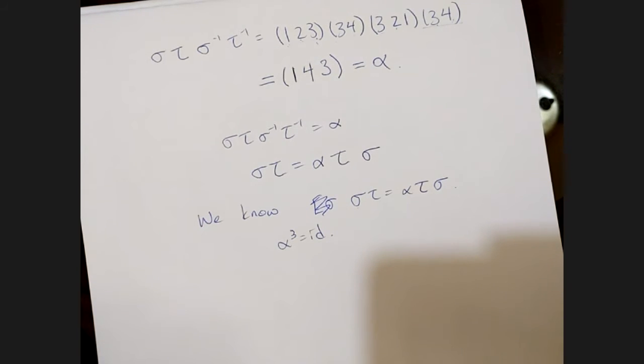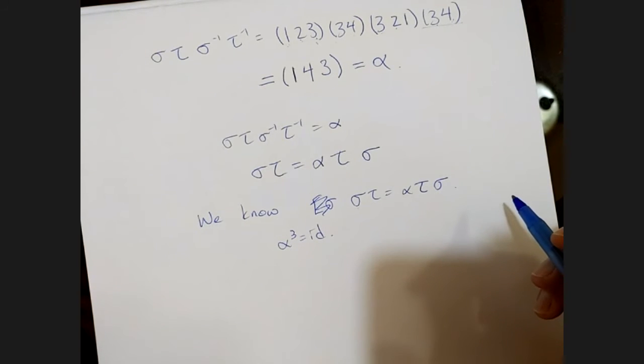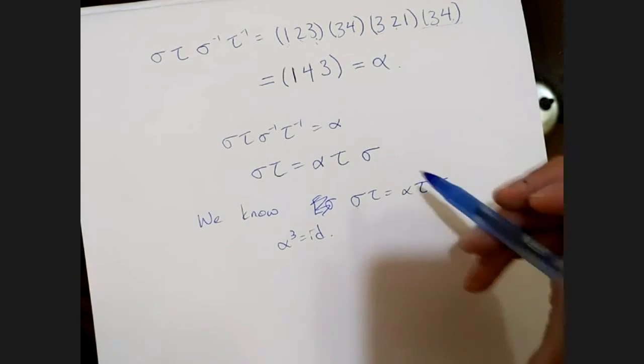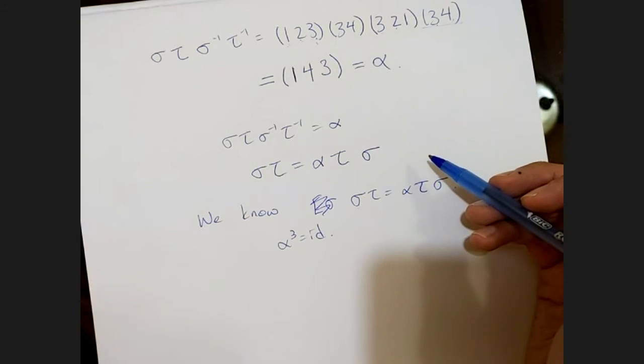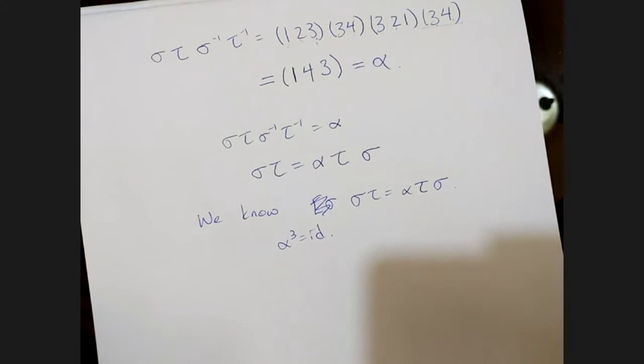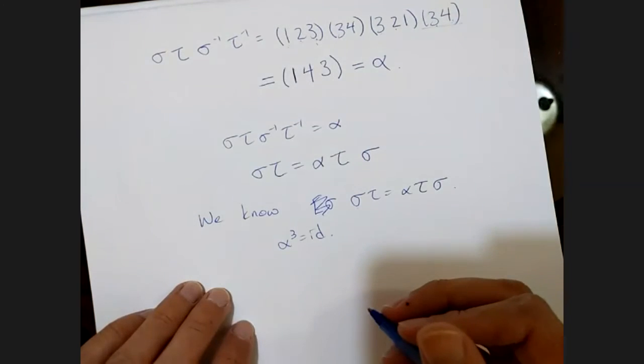For example, is it possible to get all the different 3 cycles? So let's take alpha and combine it with sigma and tau.